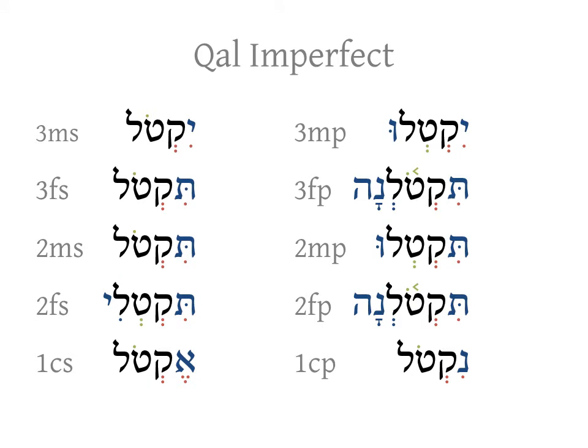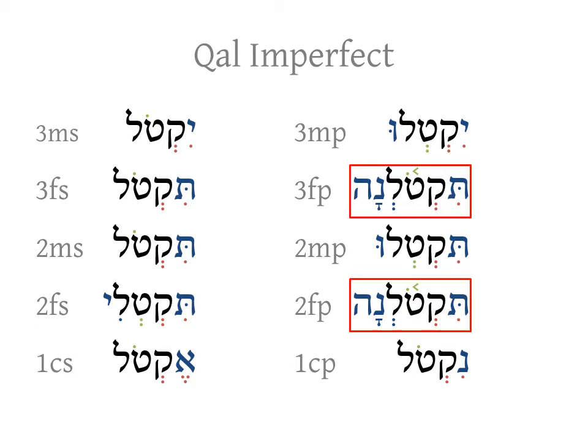Notice as well that we have 2 sets of identical forms. The third feminine singular and second masculine singular are identical. Both are tiktol. From the form itself, you can't tell whether it's she will kill or you, masculine singular, will kill. But from context, it's almost always very easy to tell the 2 apart.